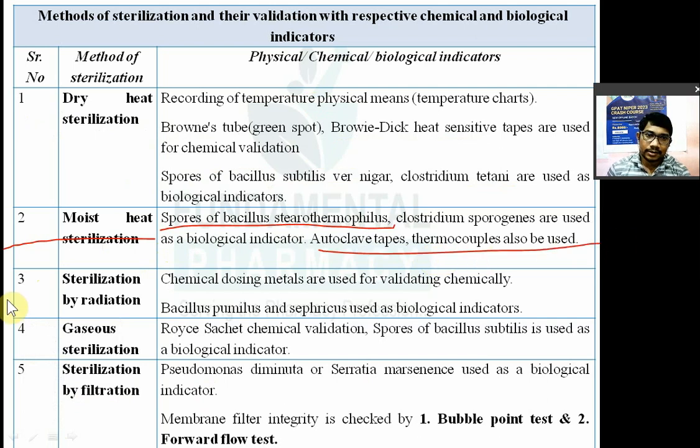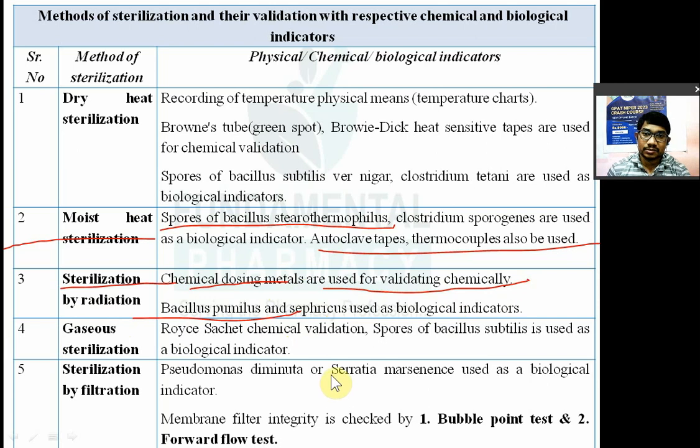Then again sterilization by radiation, उसमें indicators क्या रहे, chemical dosimeters, they are used for validating. So there is a chemical dosimeter. And for biological, Bacillus pumilus and Bacillus cereus are used as a biological indicator.